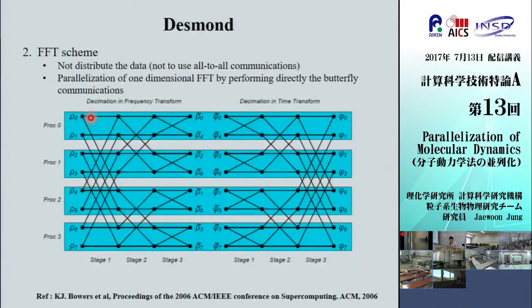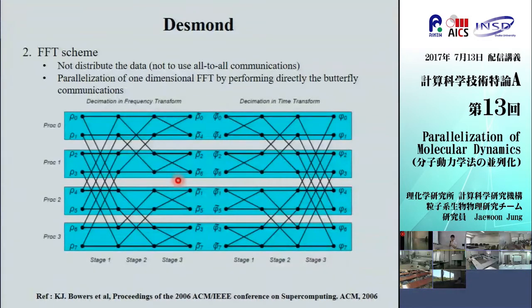In this way, when each processor finishes the one-dimensional FFT, they can have all of the data. But the problem is that in this case, the number of grids should be a power of 2. For example, if it is 63, then it cannot be decomposed well. So the problem is that the number of grids should be only a power of 2.